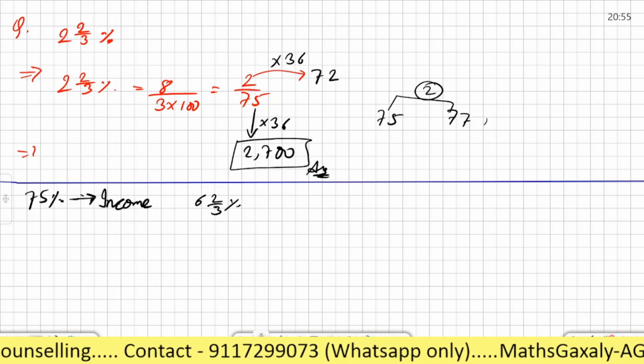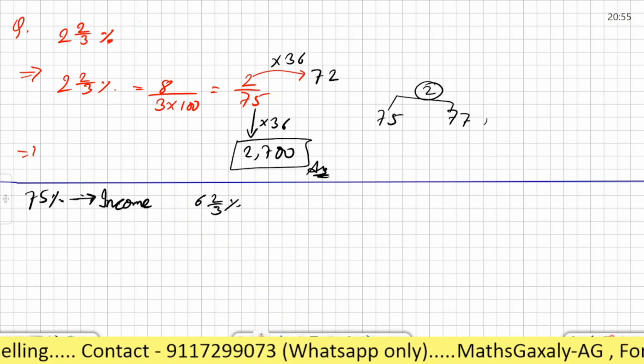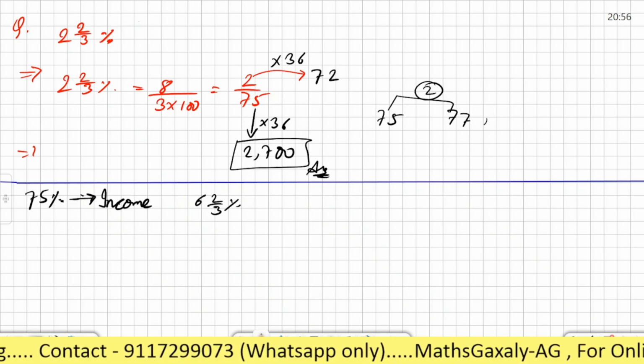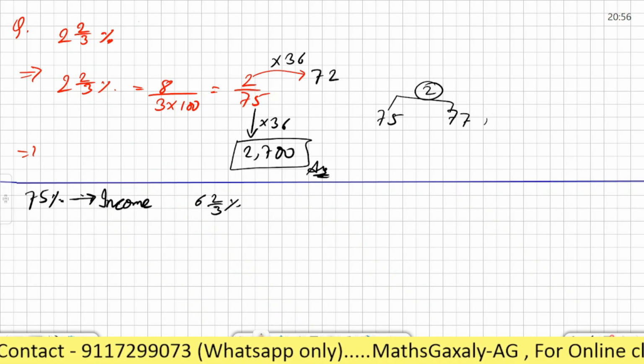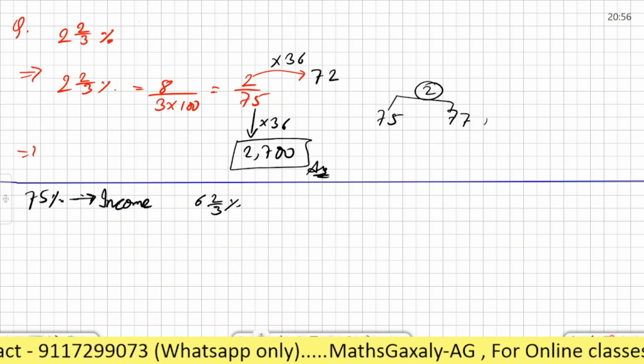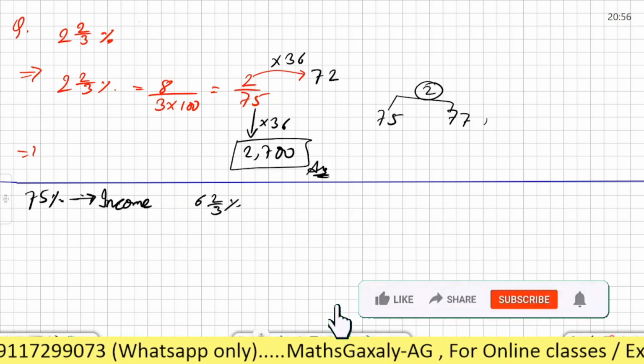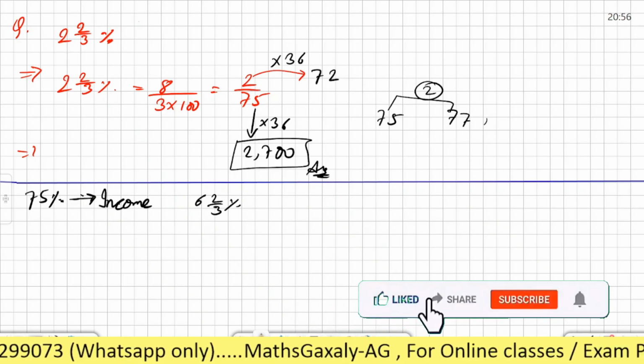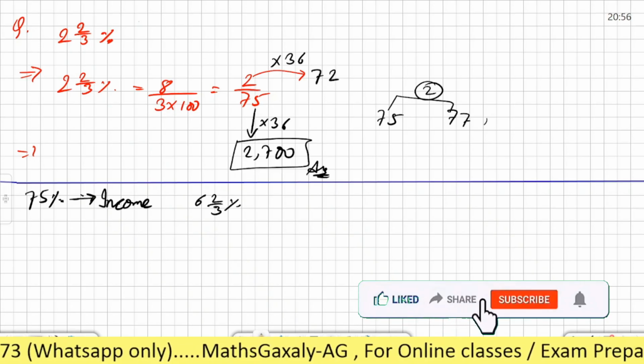A man spends 75% of his income. His income increased by 20%, and he increased his expenditure by 6 whole 2 by 3%. His savings will then be increased by?